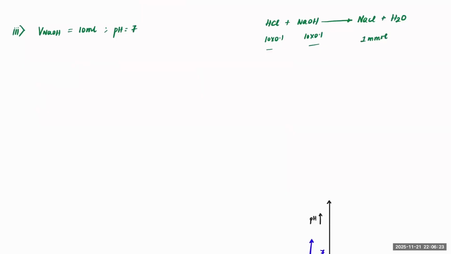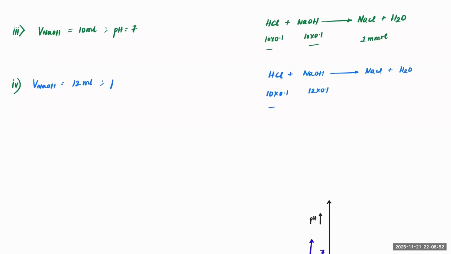And let me write one more case. Suppose you have volume of NaOH being added as 12 ml. If it is 12 ml, then what will be the case here? So that is HCl plus NaOH giving us NaCl plus H2O, and this was 10 into 0.1 and this is 12 into 0.1.